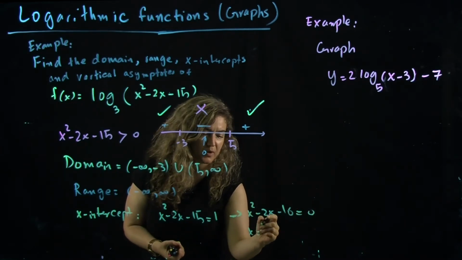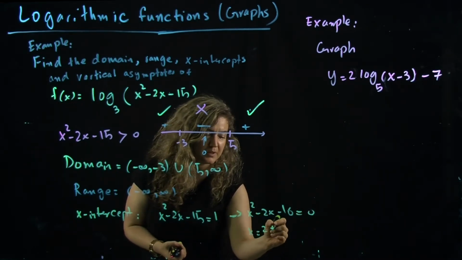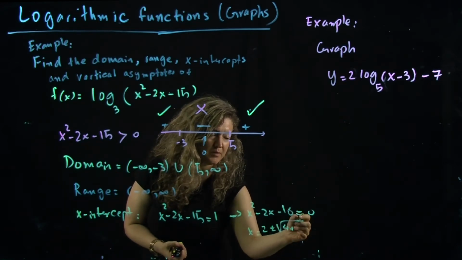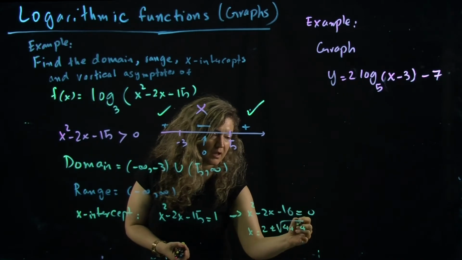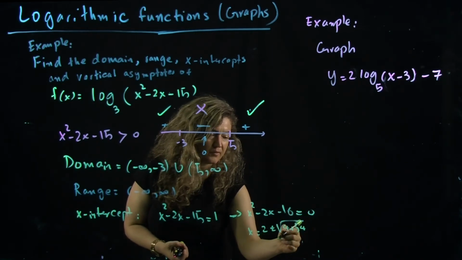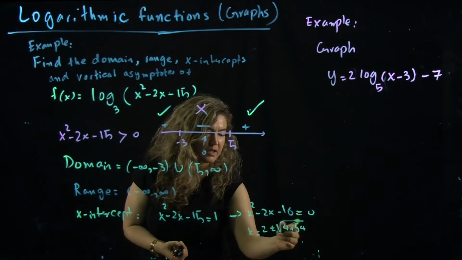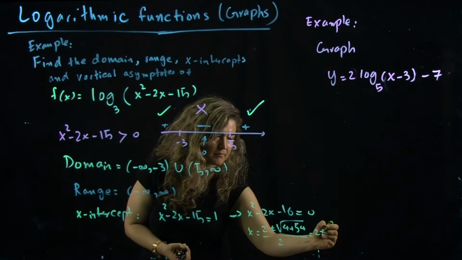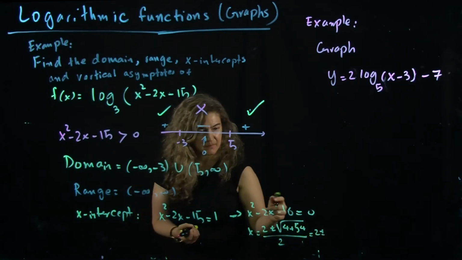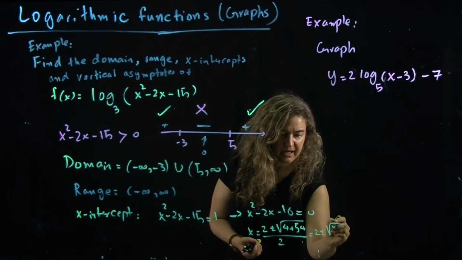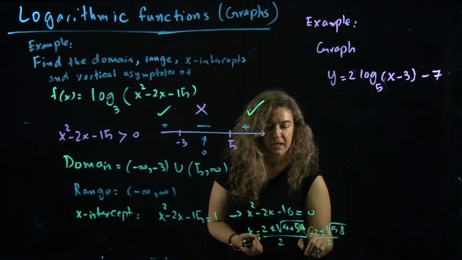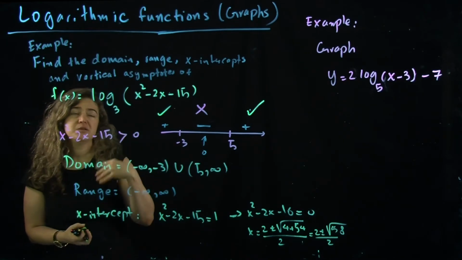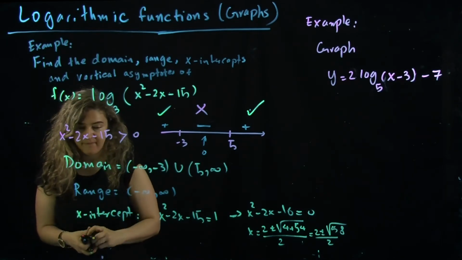By the quadratic equation, I get 2 plus or minus the square root of 4 plus 4 times 16, which is 68, divided by 2, which is 2 plus or minus square root of 58 divided by 2. There are 2 x-intercepts.